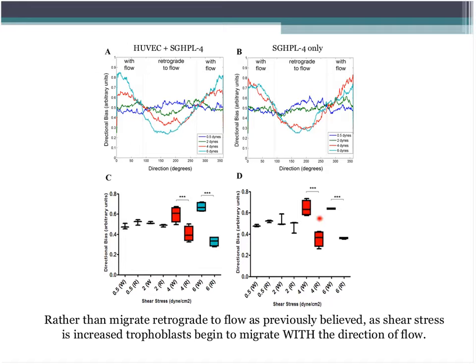So you can see again the same significant difference at both 4 and 6 dyne and no significant differences at 0.5 or 2 dyne per centimetre. So this indicates perhaps that the ability of trophoblasts to migrate with flow at the slightly higher shear stresses isn't a result of cell interactions between the endothelial cell and the trophoblast, but it's something that trophoblasts will just do by themselves.